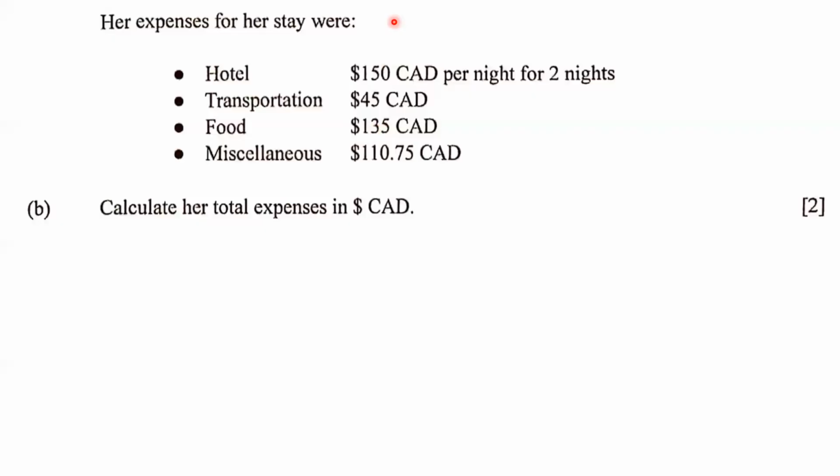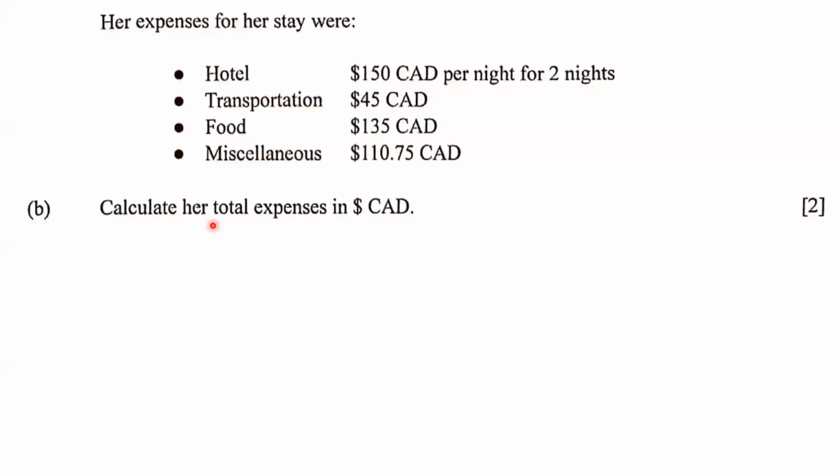Based on the question, for the hotel, she spent 2 nights at $150. For transportation, it was 45 Canadian dollars. For food, it was 135 Canadian dollars. And for miscellaneous items, she spent $110.75. So how much were her total expenses in Canadian dollars?